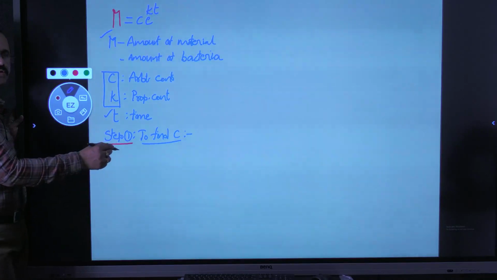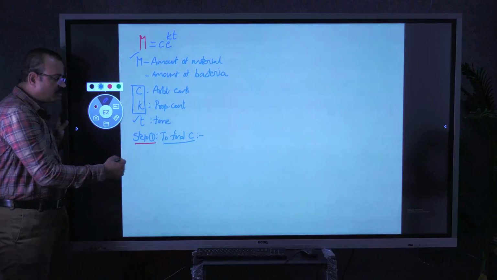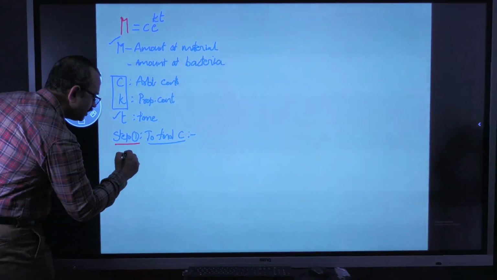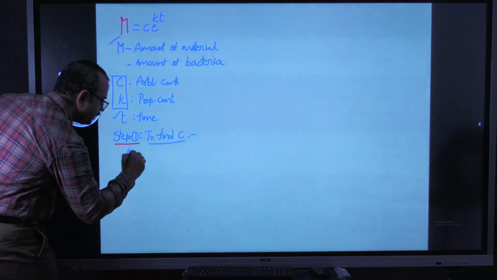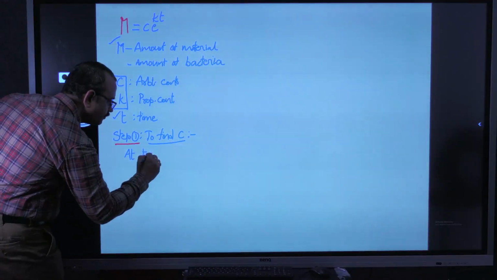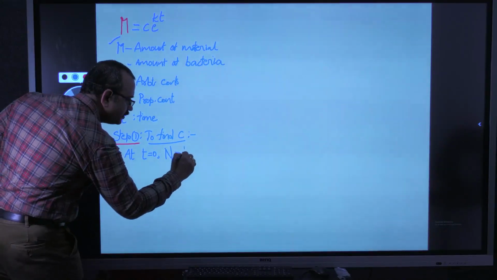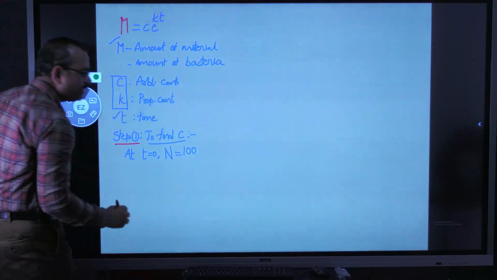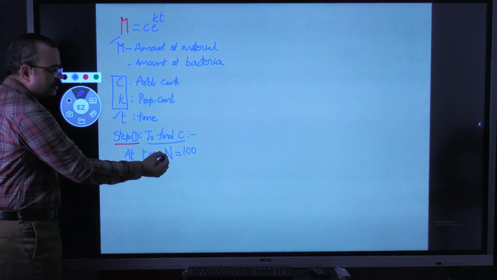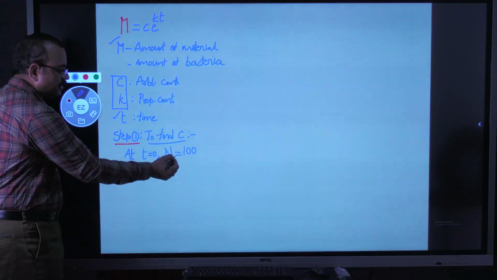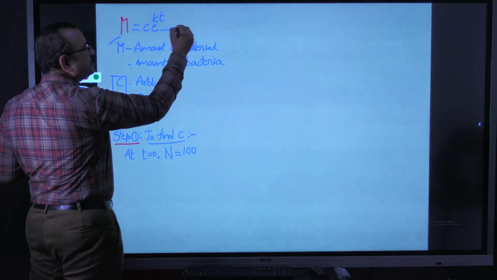It was given that the initial amount of bacteria is 100, in the sense at time t is equal to 0, n is given as 100. Initial means at time t is equal to 0, the number of bacteria in the culture is given as 100. Now by using this, we can find the value of C.